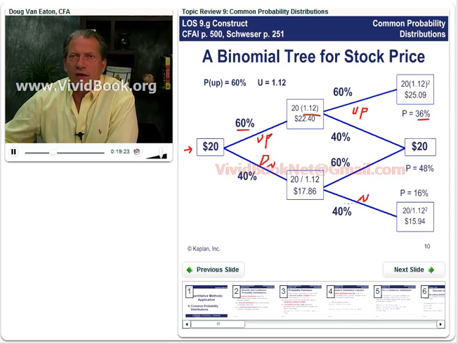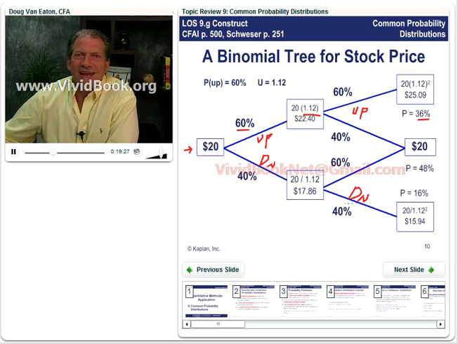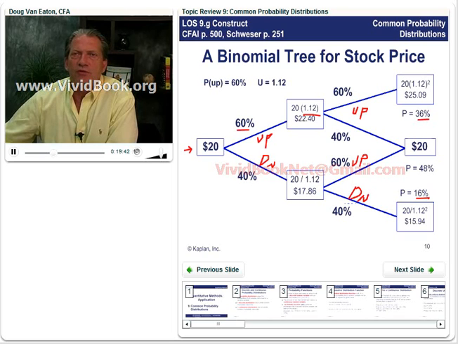And so that gives us a 16% down there. Now the probability of a down and then an up is 0.4 times 0.6, that's 24%. But remember, there's 2 ways to get there. A down move followed by an up move, or an up move followed by a down move, both get us there. So our 0.4 times 0.6, our 24%, we need to double that.